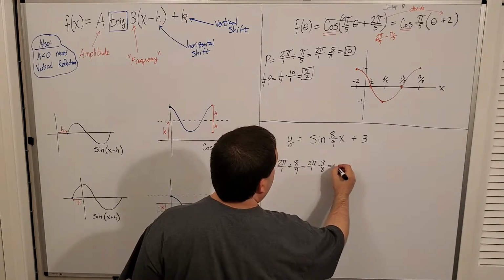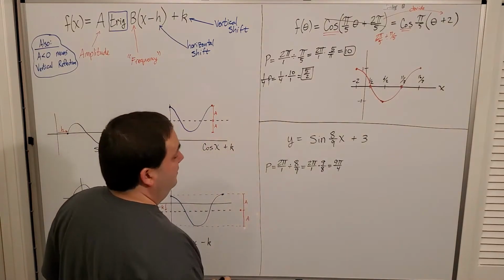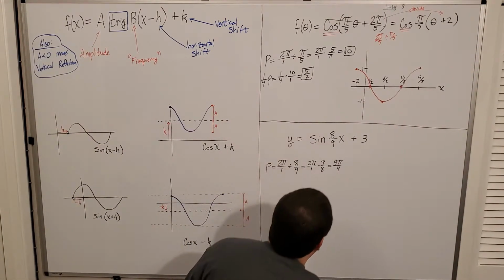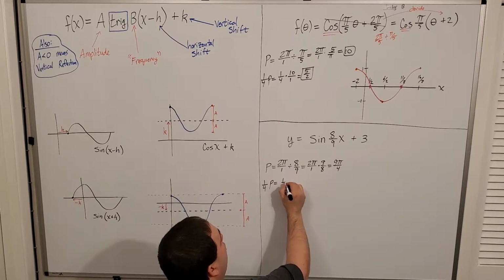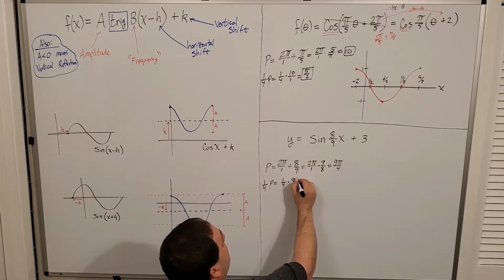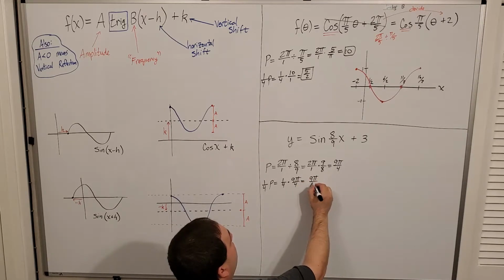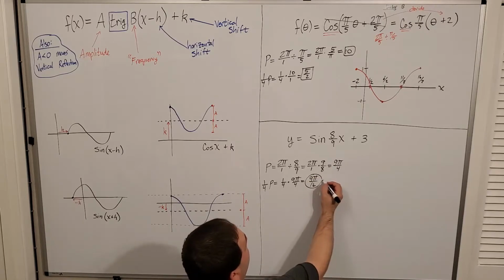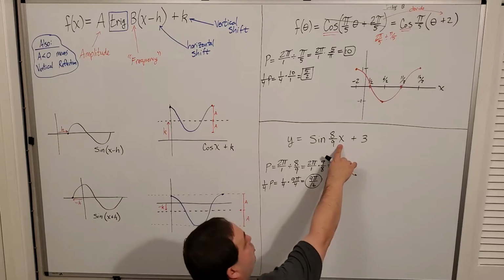I will have 9 pi over 4. Okay. My quarter period is going to be 1/4 of that, 9 pi over 4. So I'll have 9 pi over 16 is my quarter period. Now this time I don't have a horizontal shift.